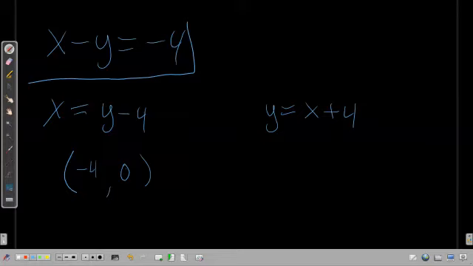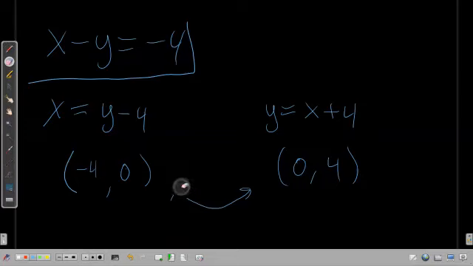Or if somebody brought me an x value, I would use the other one. If x were 0, then y is 0 plus 4. That's 4. Then I have generated the intercepts. Each of these are called the intercepts.